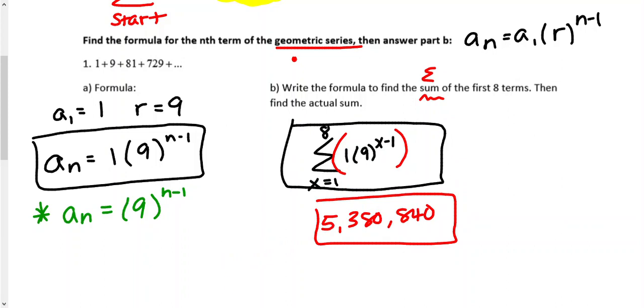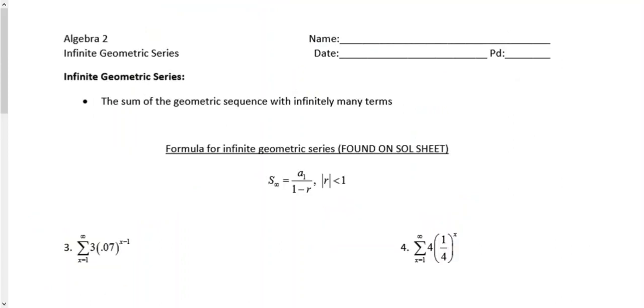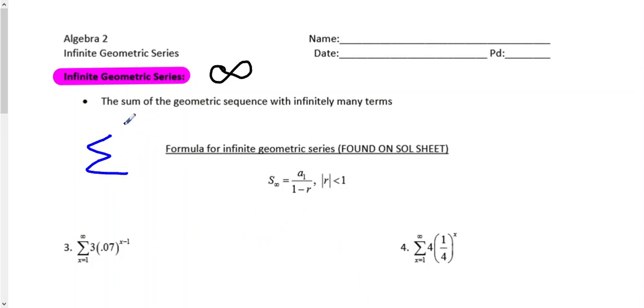So that's an overview of the series. We've done plenty of those with the arithmetic. It's the same situation with the geometric. We're just using a different formula. Now, one more thing with geometric, and it is a special case. This will 99% of the time show up on your SOL, and it's called an infinite geometric series, which means you are again dealing with our infinity sign. This is the one time that the E is not allowed.